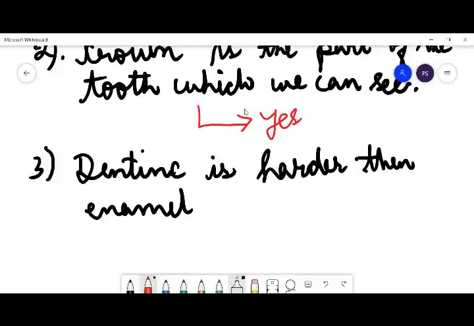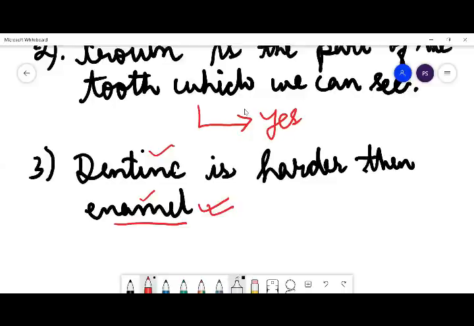No, it is not right, because enamel is more hard. It is harder than dentine. Though dentine is also hard, it is not more than the enamel. And the function of enamel is to protect the internal part of the tooth.